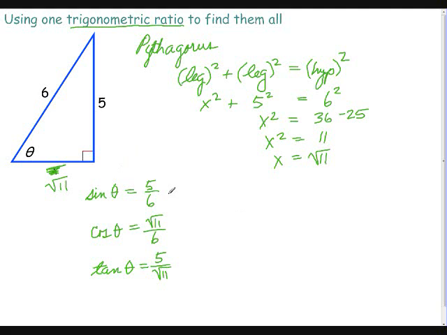Now we're going to go for the reciprocal partners. In this case, we got cosecant theta. Cosine's reciprocal partner is secant.